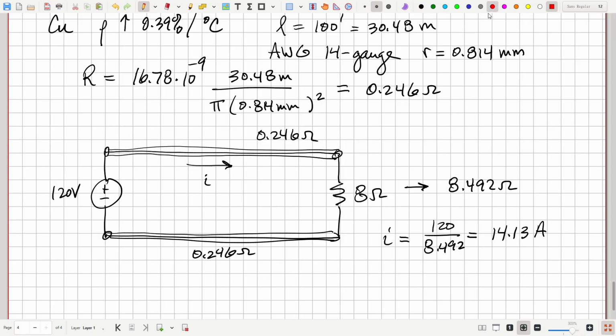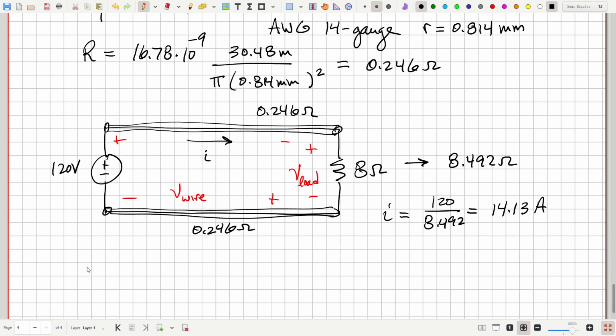Okay, so what would be the voltage? Call that the load voltage here, V load. And there would also be a voltage across the wire, and there'd be another one up here, the same value. Let's see what those would be.